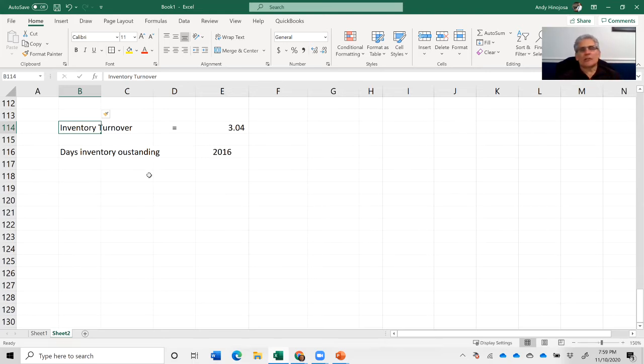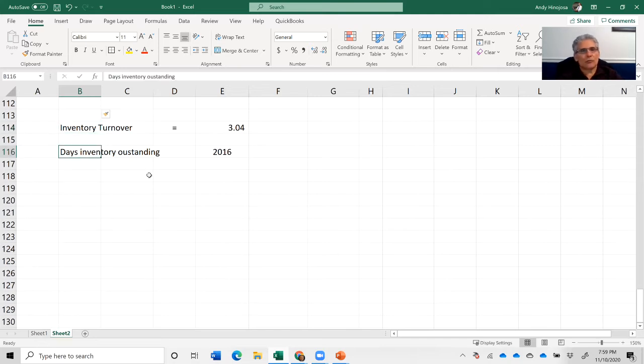And the longer it sits, the more problematic it is. We want our inventory to turn over as quickly as possible, right? So the question becomes, if we computed our inventory turnover rate of 3.04, can we then use that number to compute the days inventory outstanding?